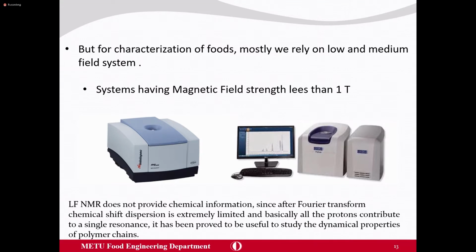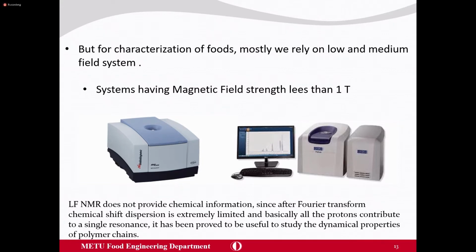So for food quality purposes, usually we are working with systems having magnetic field strength that is less than 1 Tesla. And here you see some example instruments, and I will also show you the ones we have in our lab.